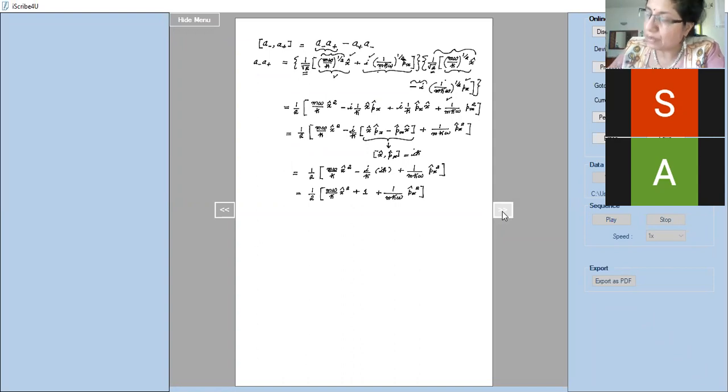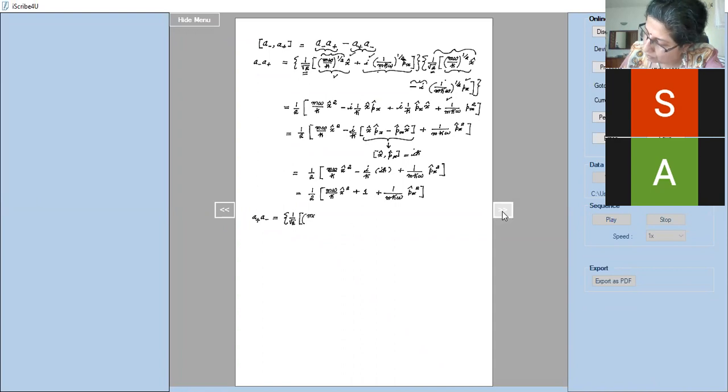Now we go back here on top and we try to find out what is a plus a minus. So let us do a plus a minus. I'm not going to do it as elaborately, but I will just write down the basic steps. So you will have again 1 by root 2. What is the form of a plus?